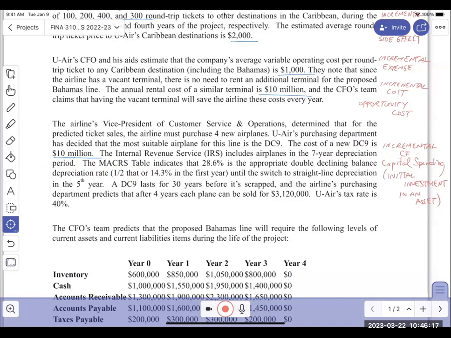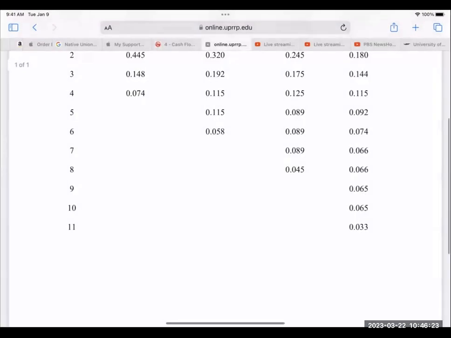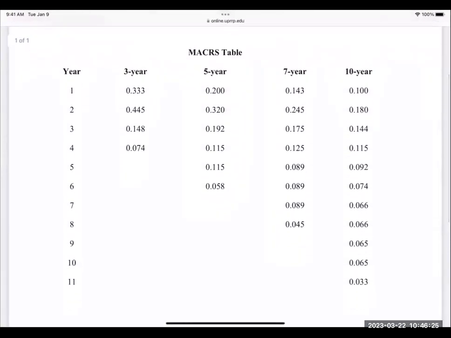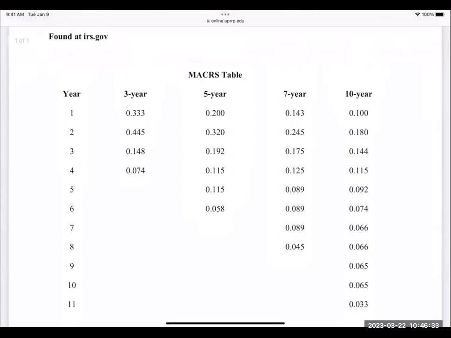Are you familiar with the MACRS tables? I'm not. I've put this onto the platform. This is just an example. You can get this information through the IRS, and it's very nice. It helps you calculate depreciation each year, the big D you'll see in my notes.